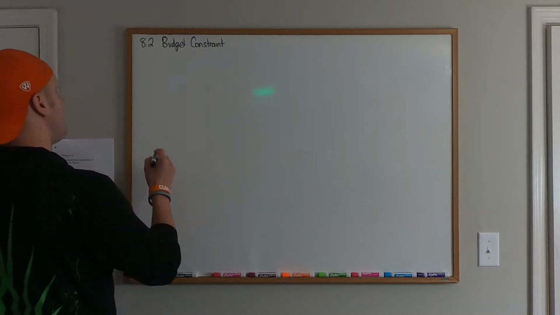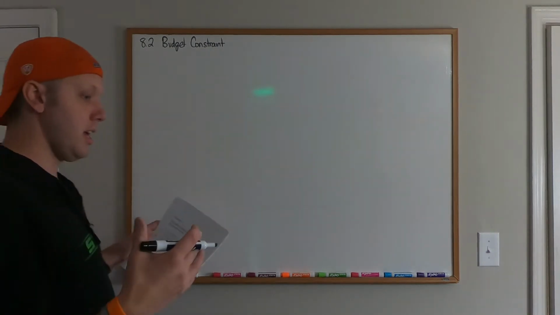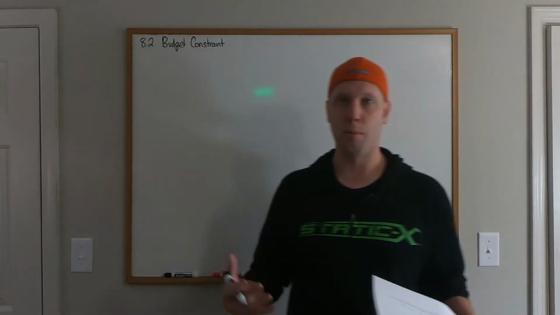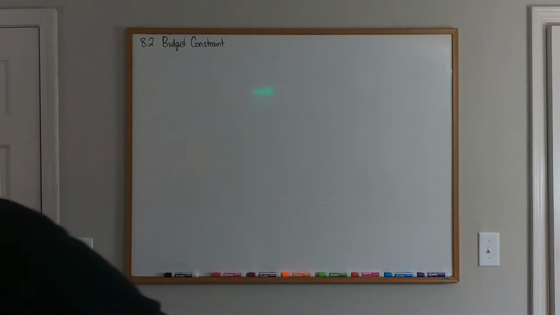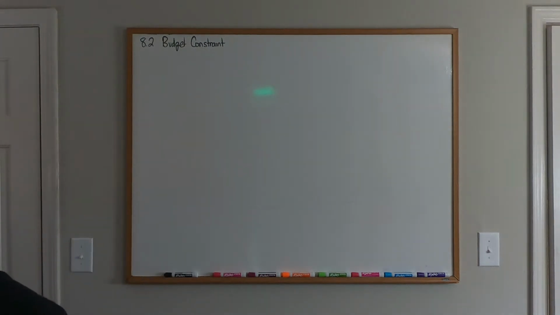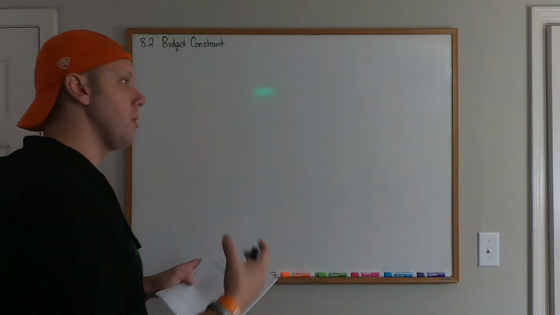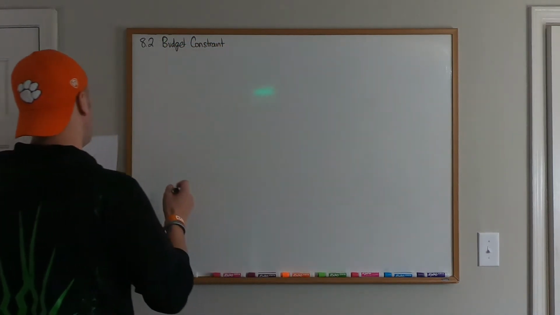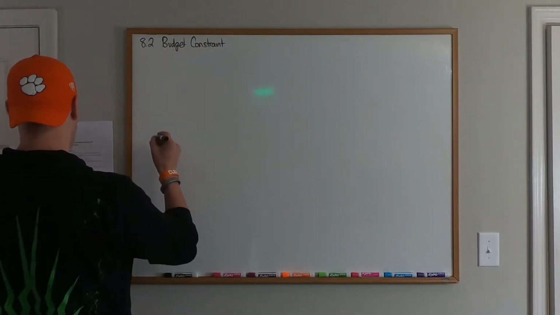So what we're going to want to do with this budget constraint is look at it in a visual form rather than just a mathematical form. The mathematical form was just that intertemporal budget constraint, but we can look at it graphically.